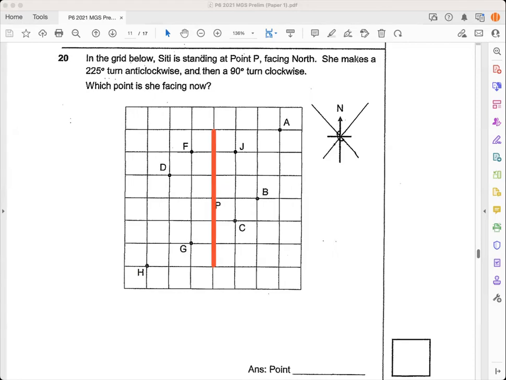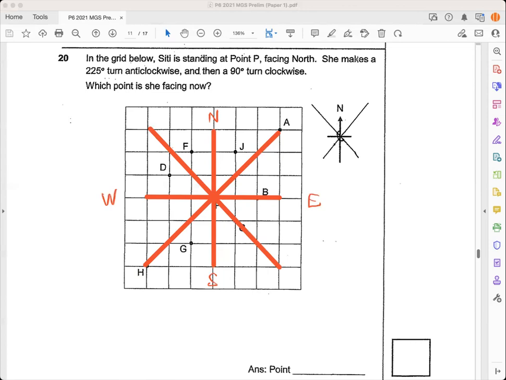Then I will cut it up into, we do some work. So this is north, south, east, west, right?